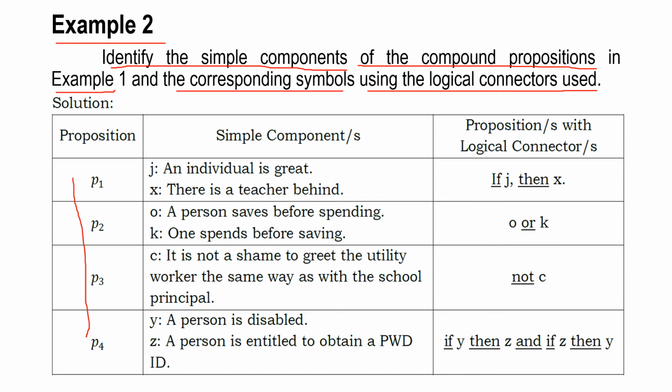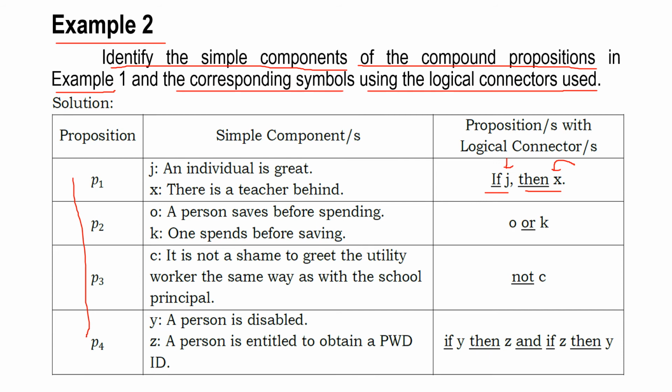So the propositions with the logical connector: if J, then X. We simply use a variable or a letter here to represent the two propositions involved in P sub 1: if an individual is great, then there is a teacher behind. So we simply use logical connectors here for us to combine two or more simple components or simple propositions.